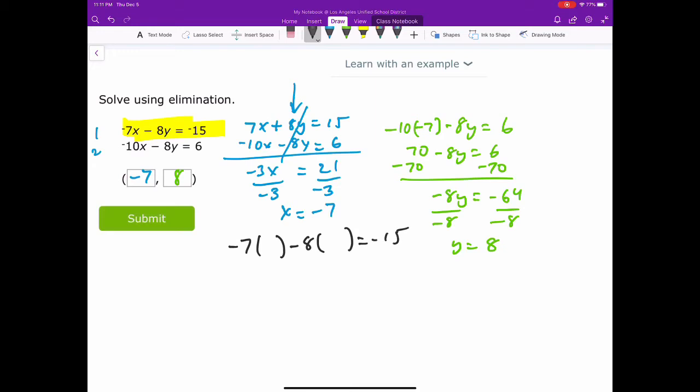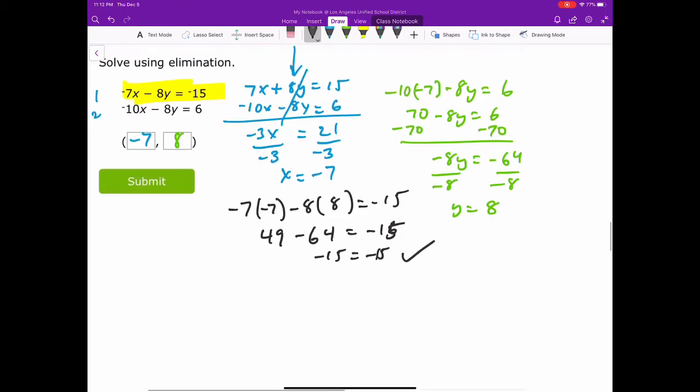We see x is negative 7 and y is 8. So it's 49 minus 64, that equals negative 15. Okay, we're good to go.